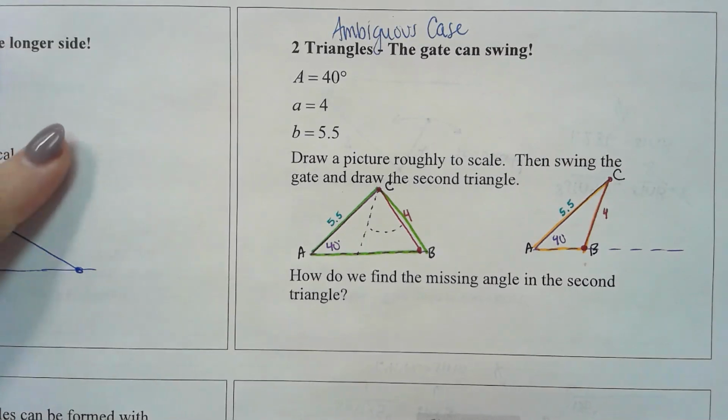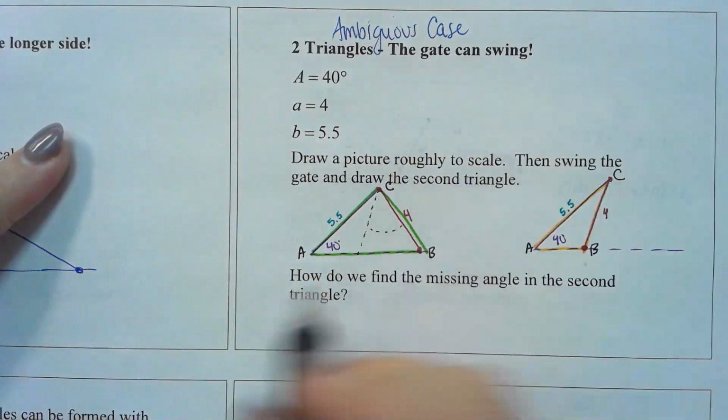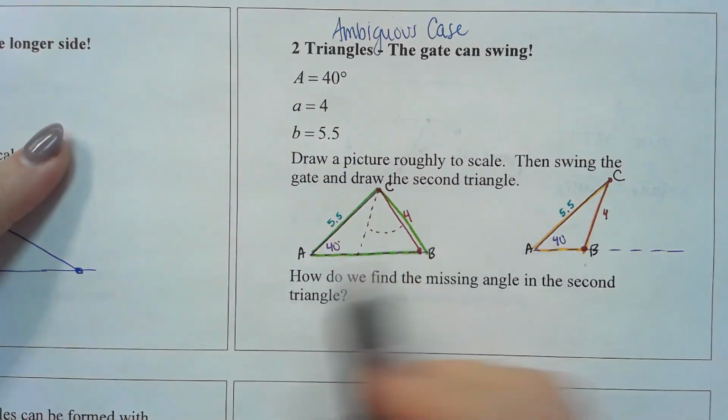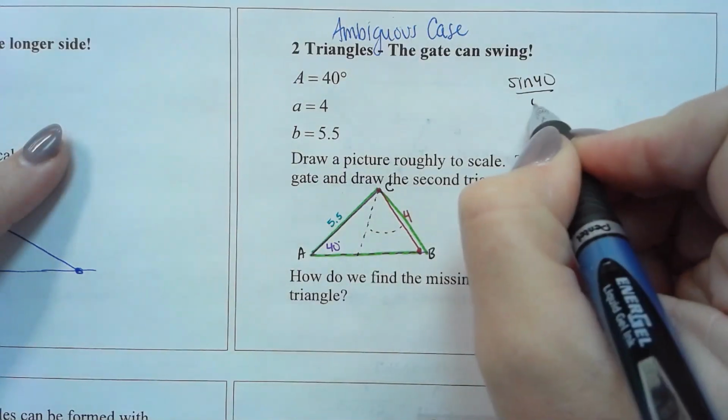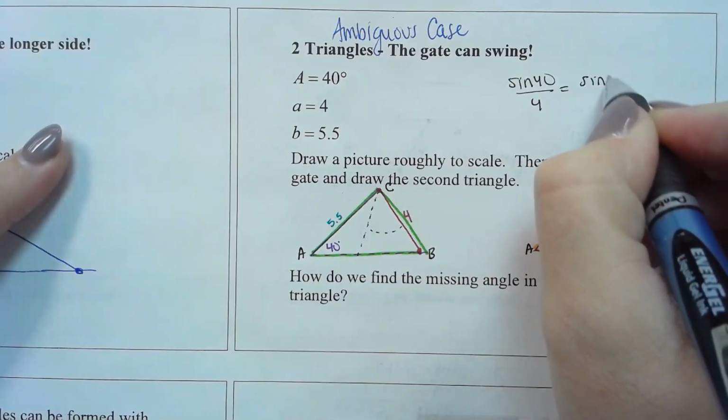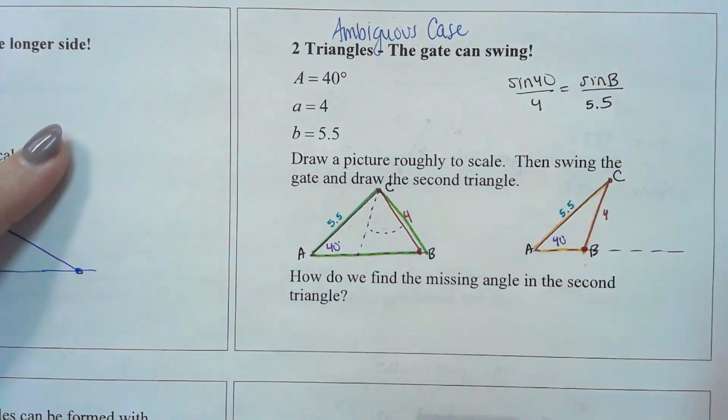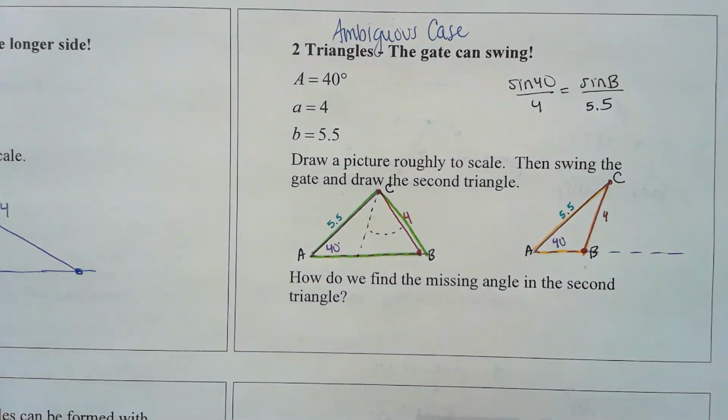All right, so let's not answer this first. Let's go up here and let's start solving. Let's pretend we don't know which triangle we're in. But what we can use is the law of sines. So I've got the sine of 40 degrees over 4 equals the sine of angle B over 5.5.